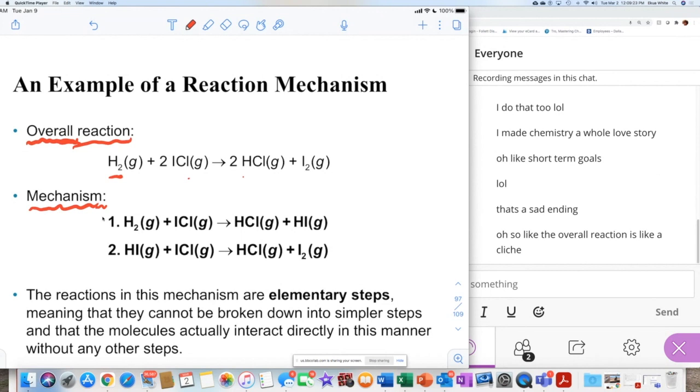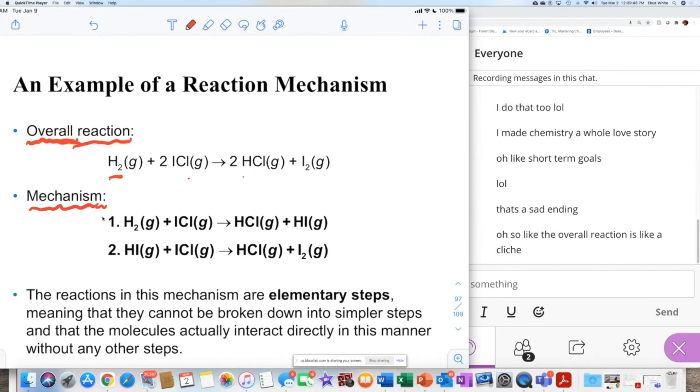Up until this point, chemical reactions have been exactly that, the cliche or the oversimplified form of what's actually happening. Now we're looking at the play-by-play, what is really happening in the beaker, in the container where the molecules are reacting. So the overall reaction, this one here, takes place in two steps.